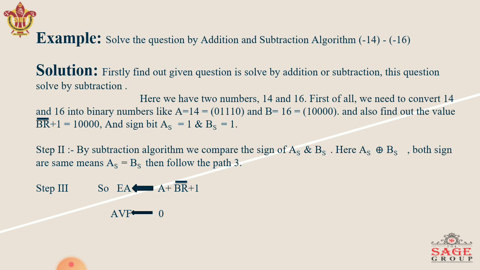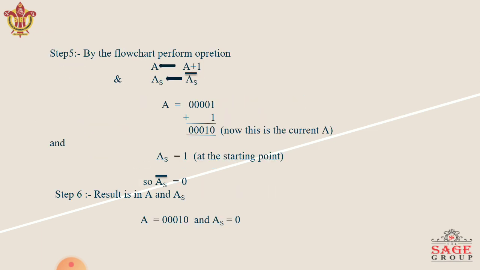It's simply minus 14 minus 16. So the answer in decimal is plus 2. Yes, of course. A equal to 2 and the sign bit is 0, representing the positive sign. So we got our answer correctly. So this is the method. It's very simple. Just follow the flow chart.